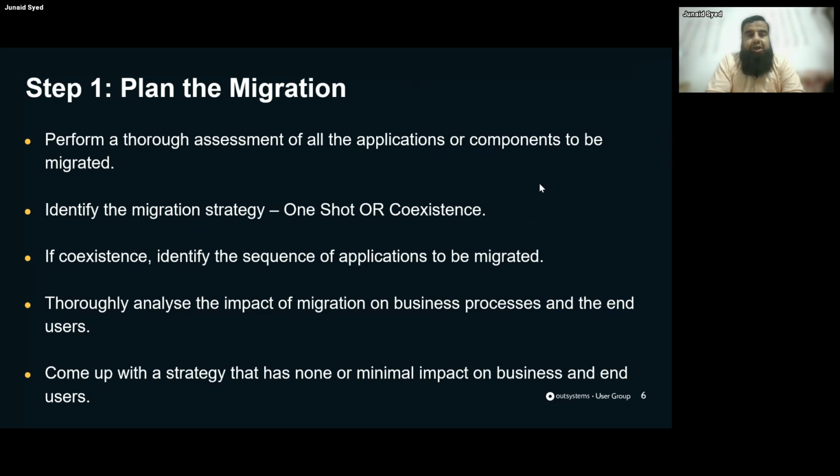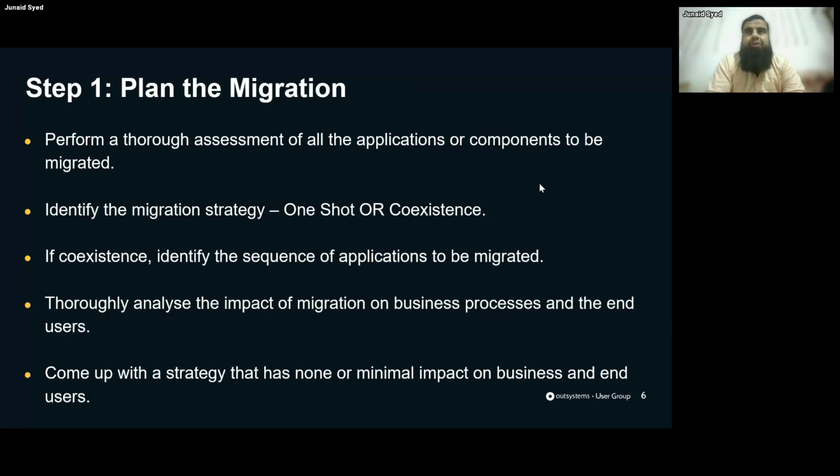Like I mentioned initially, people have the perception that they both are the product of the same company, OutSystems, and there should not be many challenges in performing the migration, but that is not the case actually. It requires a lot of planning because the two platforms are totally different from each other.